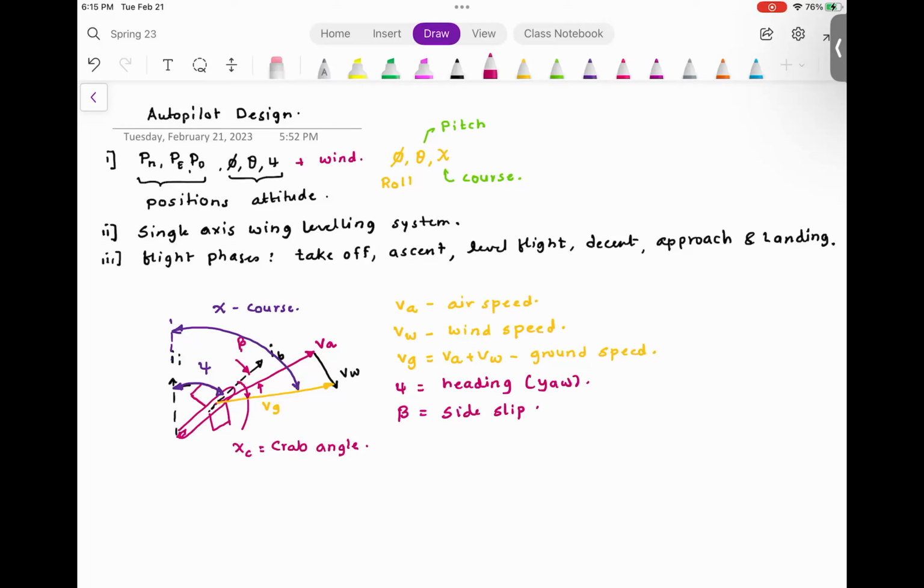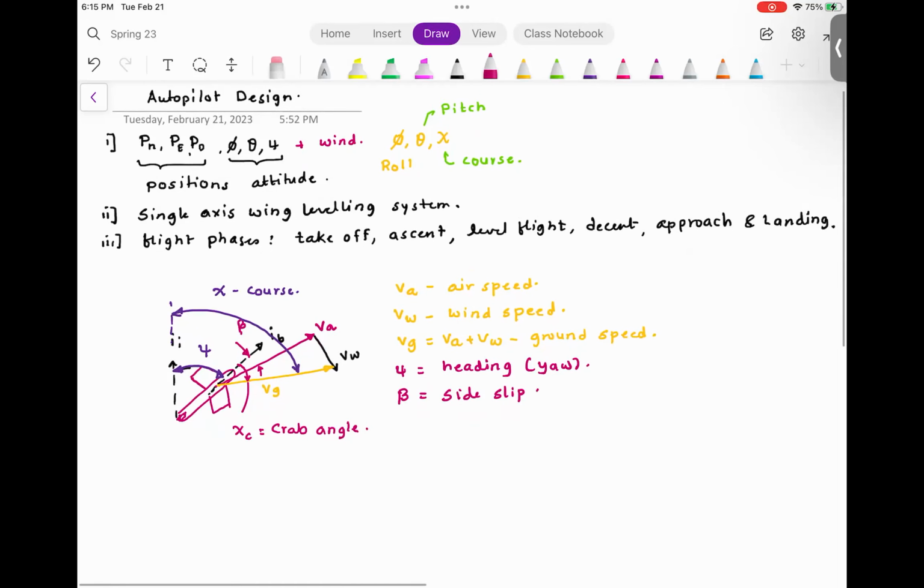So they can be decoupled and independently controlled. Clearly, this assumption is not valid for fighter aircraft, or aircraft performing complex maneuvers. But for the flight phases that we talked about, this assumption can be valid.